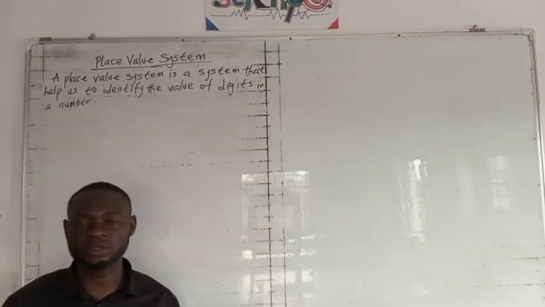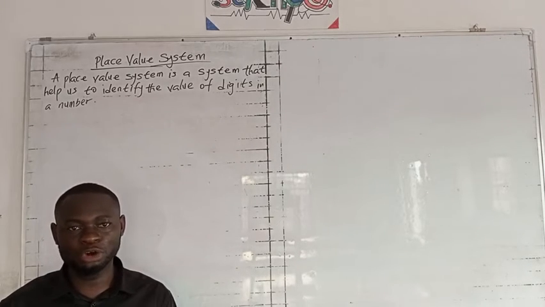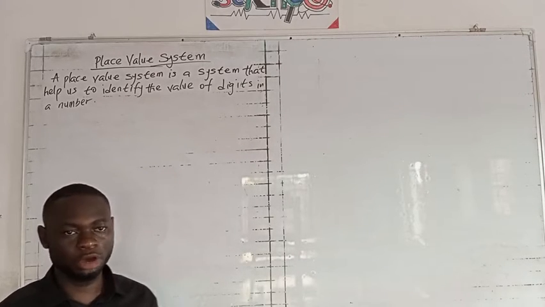So the place value system helps us identify the value of digits in a number.